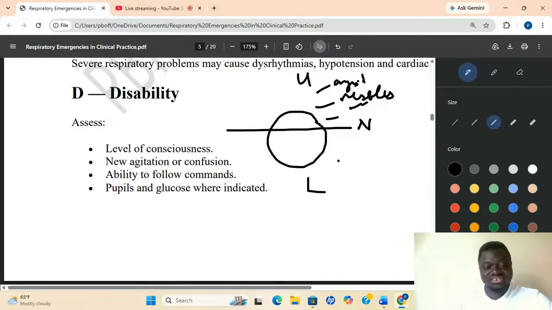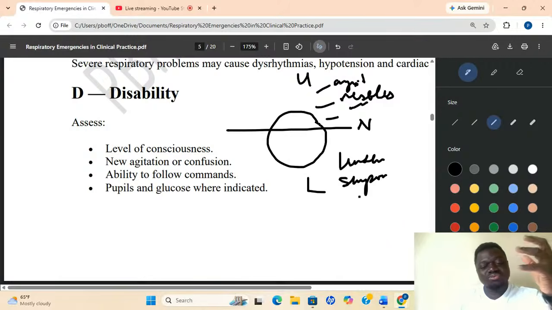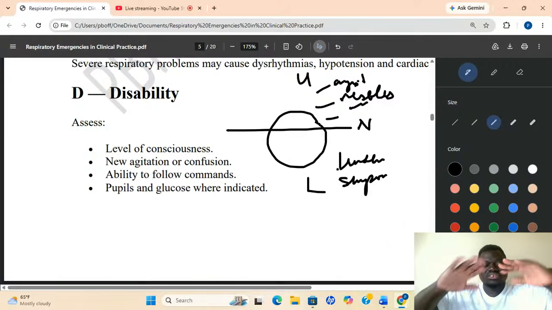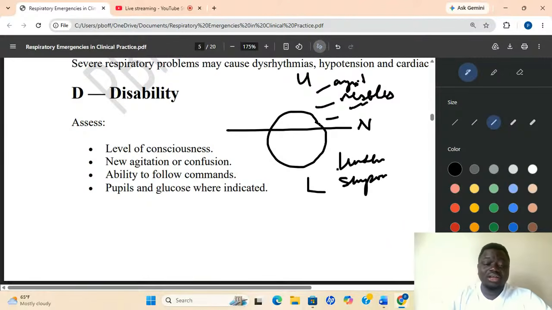Then the downers: lethargy, stupor or coma. All these are things that will bring the patient's concentration down. Loss of consciousness.